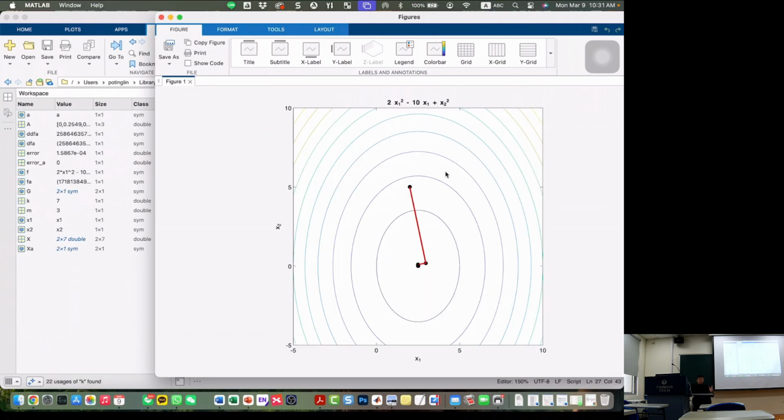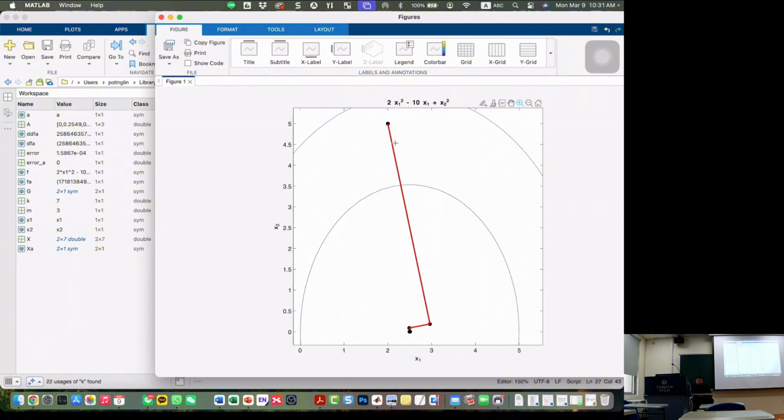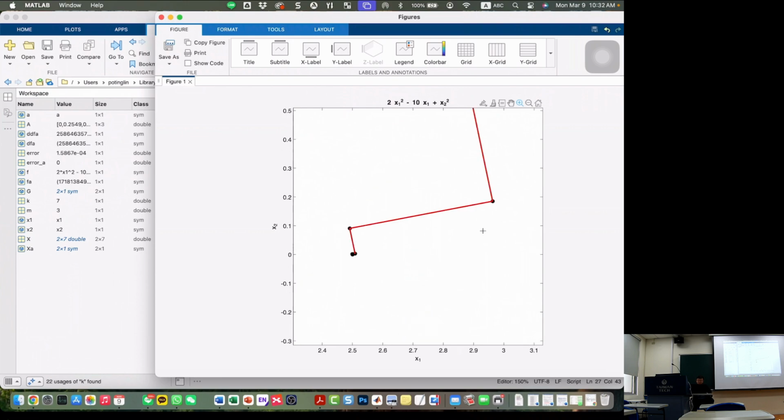Yep. So this is what happened. If I zoom in, you can see initially it goes down, following this negative gradient direction, and then if I zoom in more, you can see how the steepest descent is always making this zigzag movement, and actually the new movement and the previous movement are perpendicular to each other.